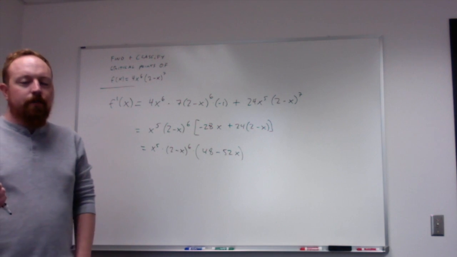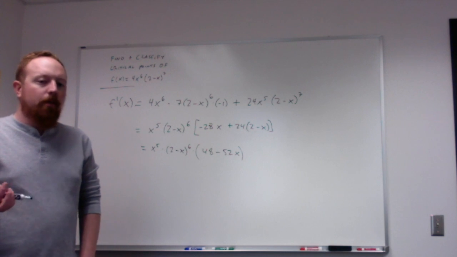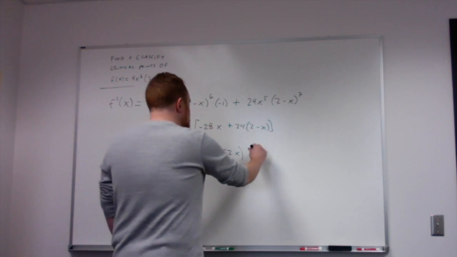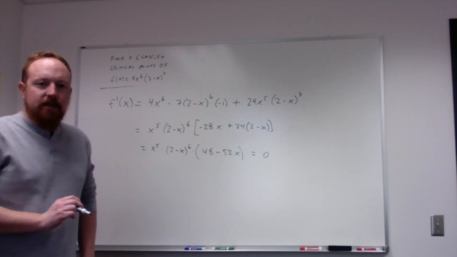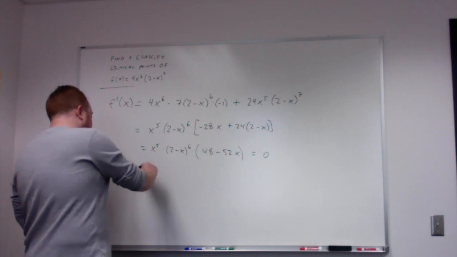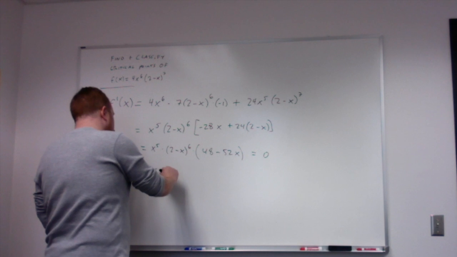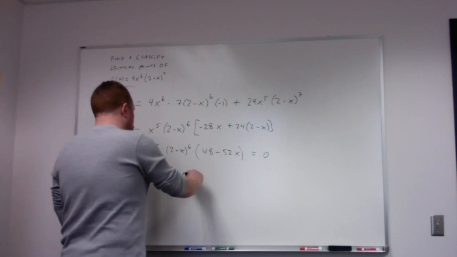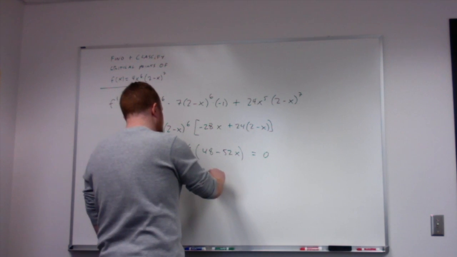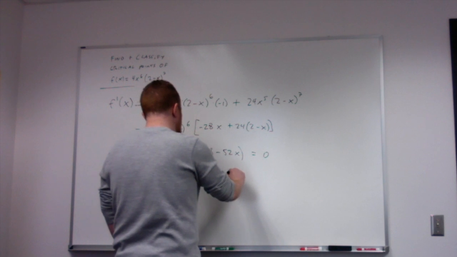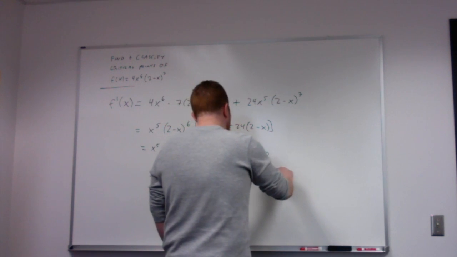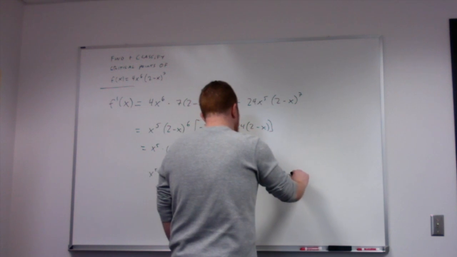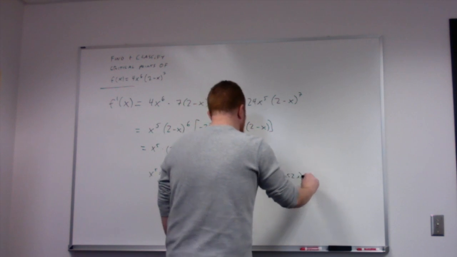Okay, so far so good. Now we can use the zero product property. Since this whole thing is supposed to equal 0, one or the other of these three factors has to equal 0. So either x to the 5th equals 0, or (2 minus x) to the 6th equals 0, or 48 minus 52x equals 0.